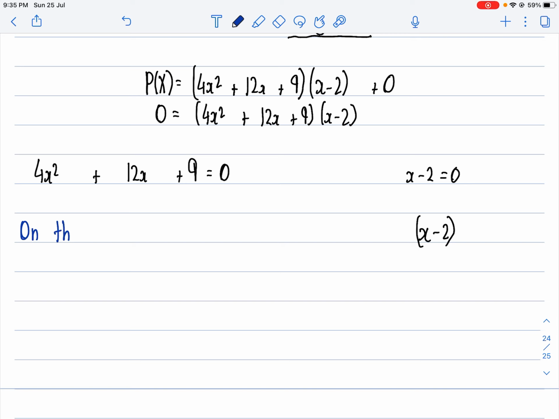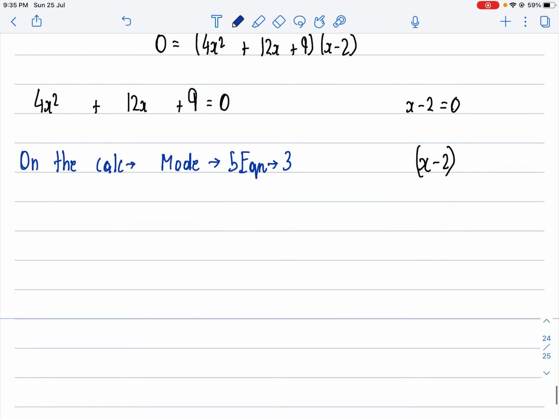Okay, so on the calci, what you need to do is go to mode. When you go to mode, you need to click on 5 where equation is written, and when you click on 5, you need to click on 3. So you simply get 3 coefficient boxes.